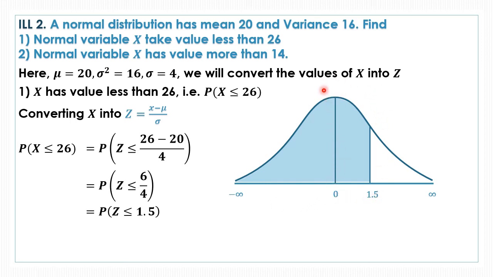Always, when one of the values is 0, only then you can calculate the probability. So right now the first part is negative infinity to 0 and the second part is 0 to 1.5, and then we are going to add both of them. Always start writing from the left hand side. So negative infinity to 0 and 0 to 1.5.